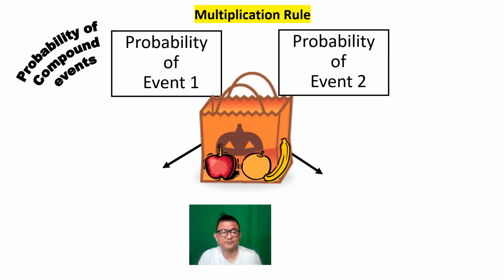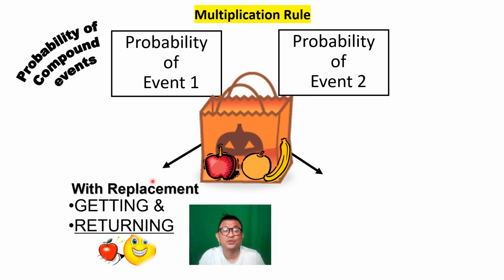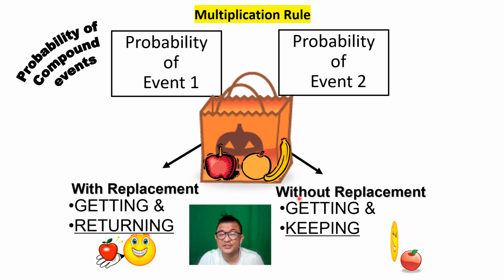Okay, so the topic for today is the probability of compound events. The probability of the first event followed by the probability of the second event. Okay, the basic rule here is that sometimes we get things and we return it back. But sometimes we get things but we don't return it back.